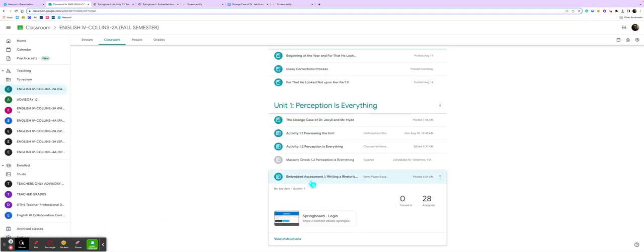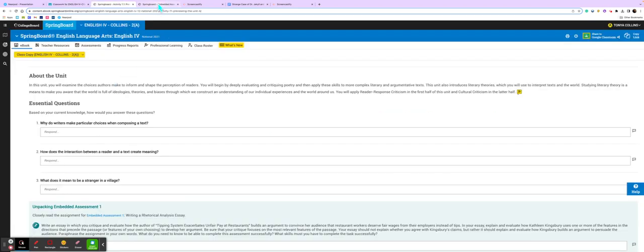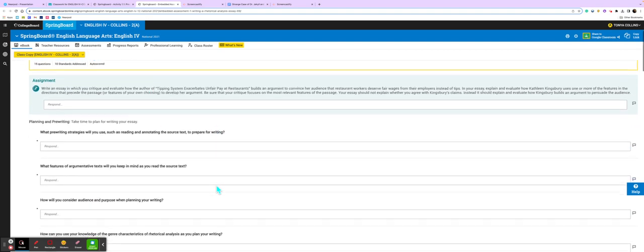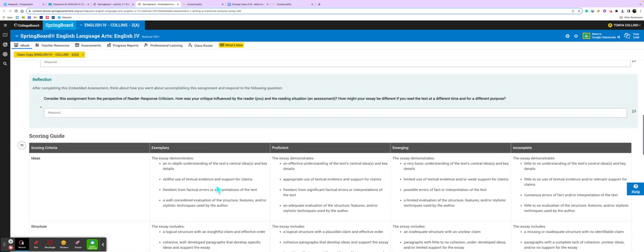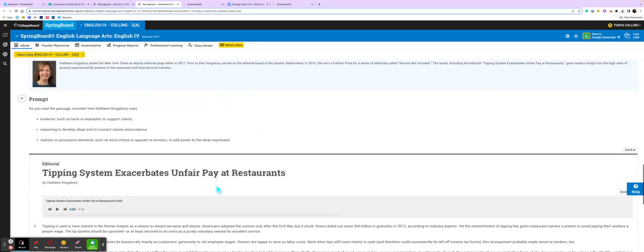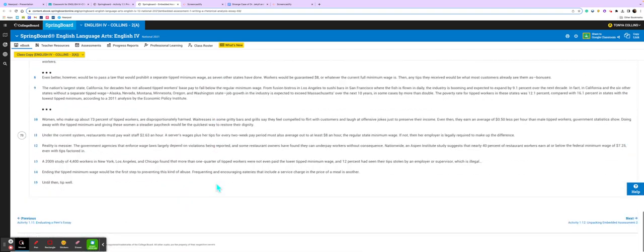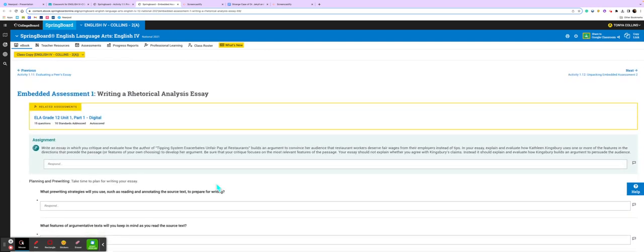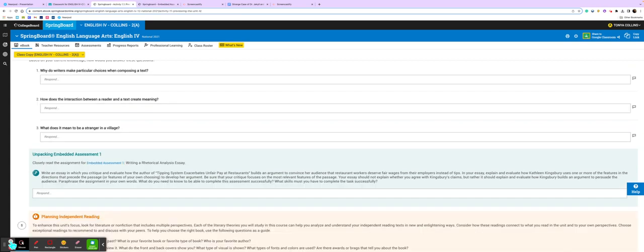Next, I want you to go to the Embedded Assessment 1, Writing a Rhetorical Analysis essay. When you open it, it will look something like this. You are not going to write anything on this page. I want you to look at this page because this is the mastery check that you will deal with in this unit.